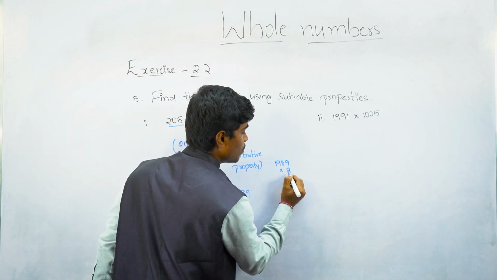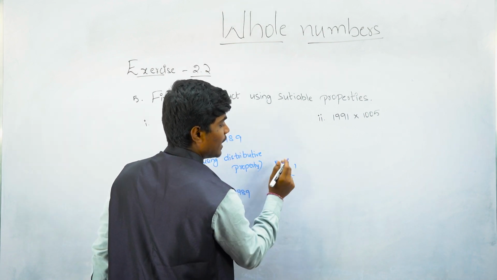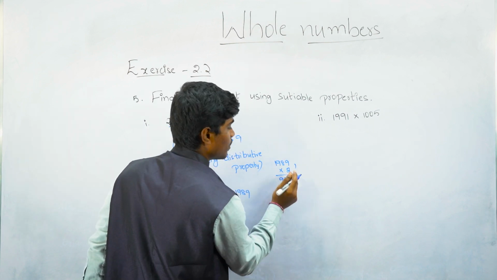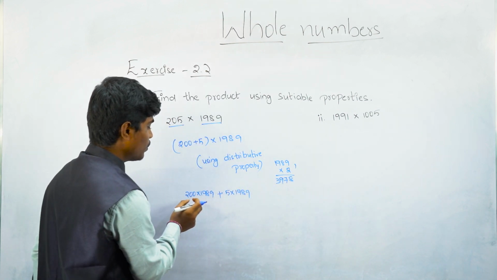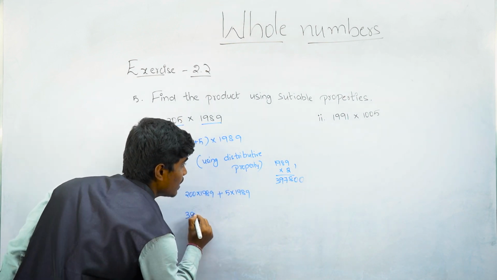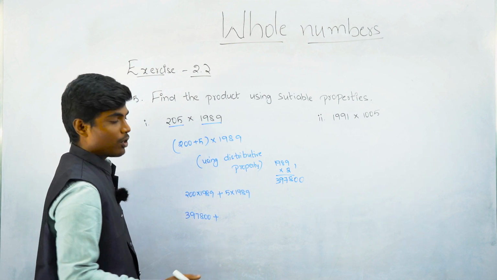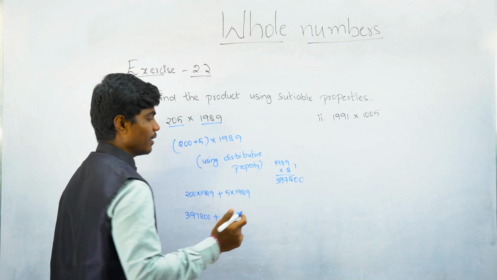Multiply with 2. 2 9s are 18. 2 8s are 16, 17. 18. 2 9s are 18. 19. 2 1s are 2. 3. Here we have 200, 2 zeros. So we have to add 2 zeros. So the answer is 397800.